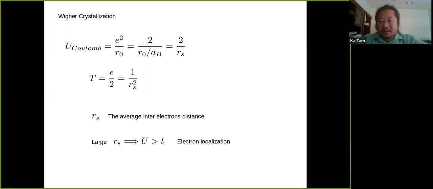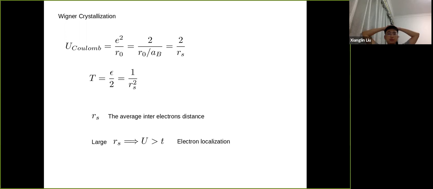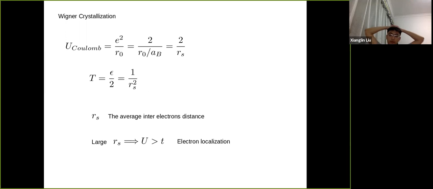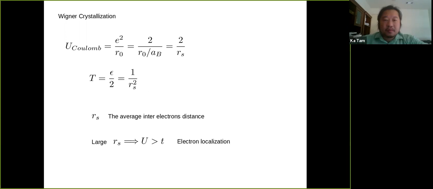He considered how the energy changes as you change the electron density. The key point is the competition between the Coulomb potential energy, which scales with 1/rs, where rs is the average distance of the electrons.